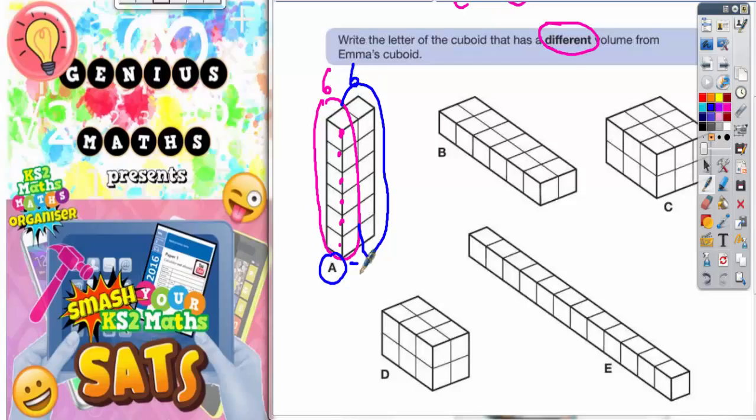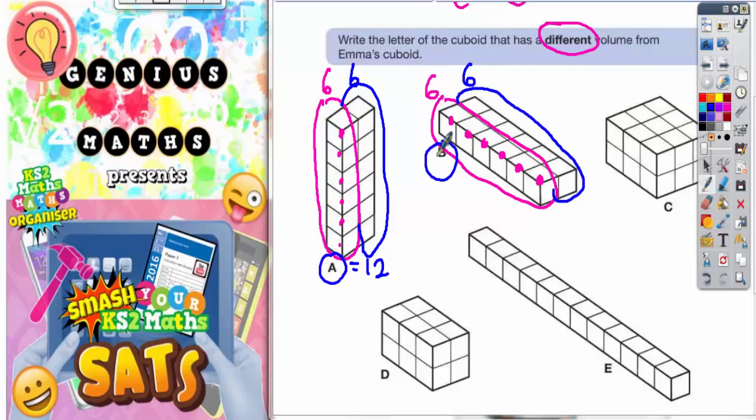So the letter A is also 12. Let's have a go at B. So around the front face here, we've got 1, 2, 3, 4, 5, 6 cubes. And around the back row of cubes, if there's 6 around the front, there's also going to be 6 around the back. 6 and 6 is also 12, so B is also 12 cubes.